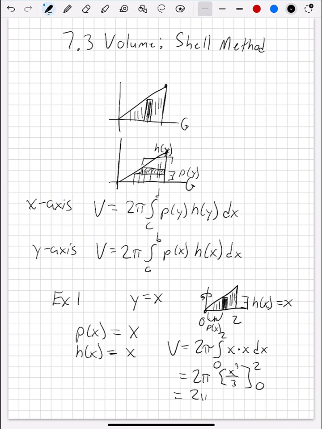So I have 2 pi times 2 cubed over 3, which is 16 pi over 3. So this would have a volume of 16 pi over 3. If you were to use the dishwasher method, you would find the same value, just a different method of doing it.